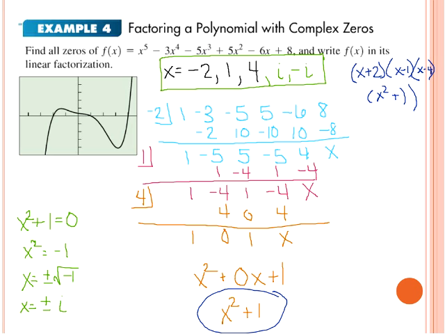So if you wanted, instead of writing this, you could break it down into an x minus i, x plus i. Those are the same two things, so you could do that. So this right here is the exact same as this x squared plus 1.